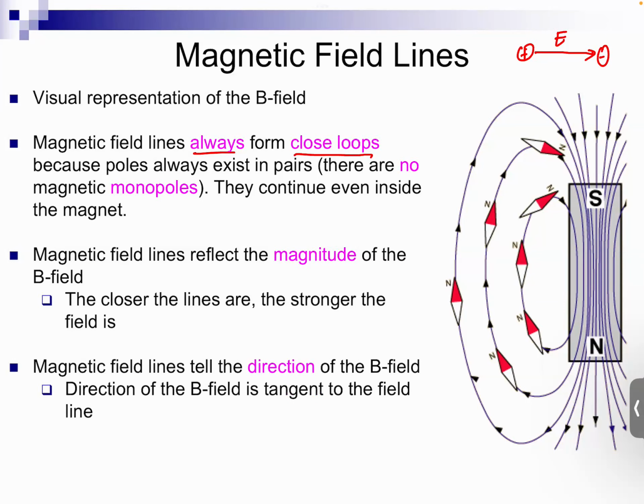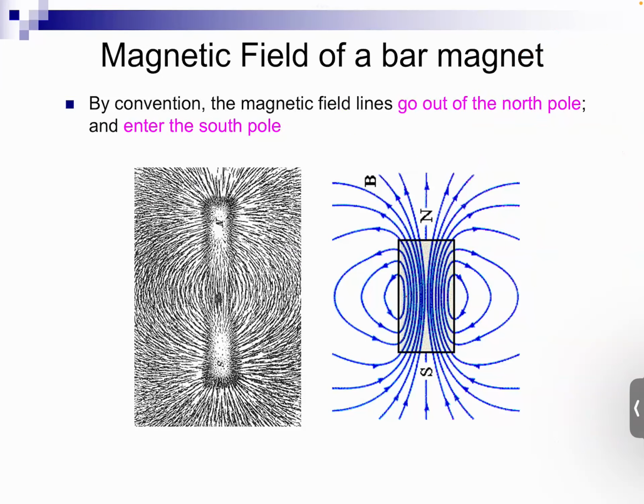And of course, because we use magnetic field lines to visualize magnetic fields, the magnetic field lines tell us the direction of the magnetic field. In terms of direction, as I've mentioned earlier, if you have a magnet and put iron filings around that magnet, the iron filings will arrange themselves.